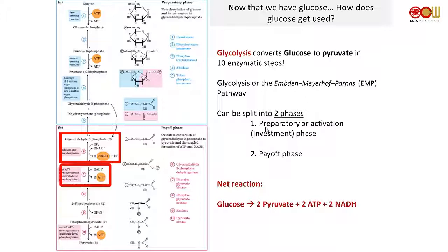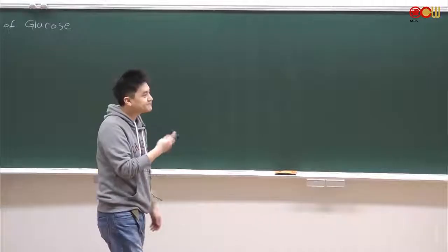If you subtract the 2 ATP that you invested, the net reaction of glycolysis will be 1 glucose to 2 pyruvate plus 2 ATP plus 2 NADH.